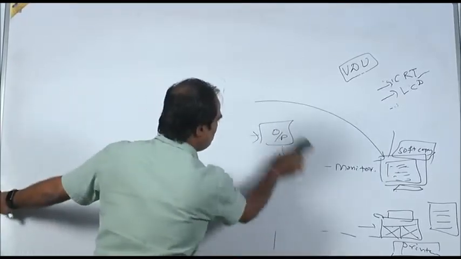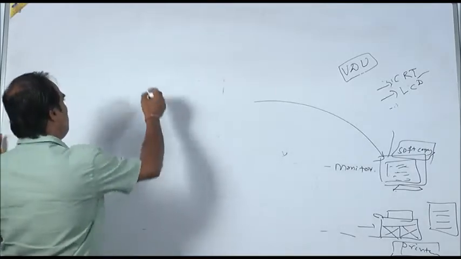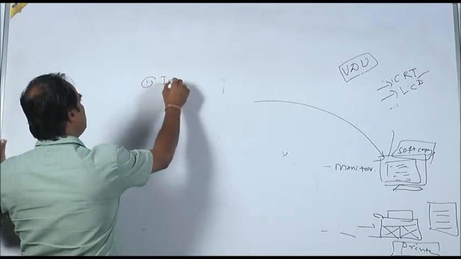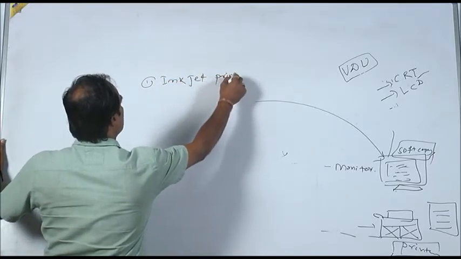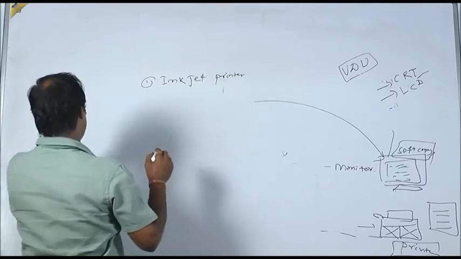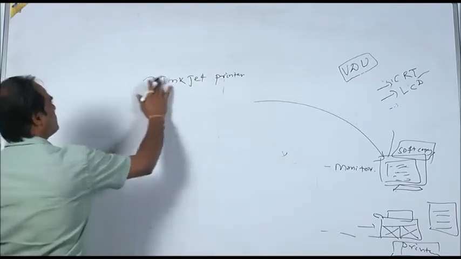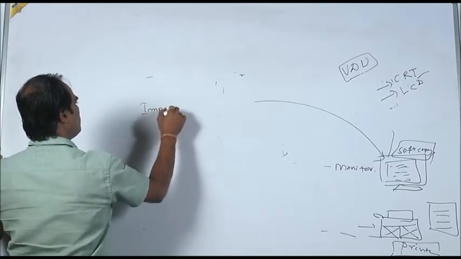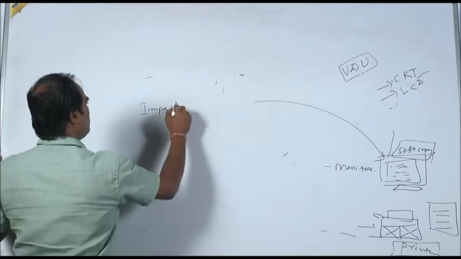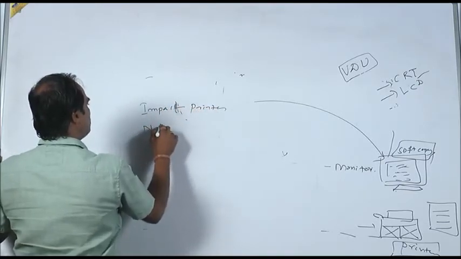So, what are the different types of printers? One is the inkjet printer, or we can say printers are basically divided into two types, that is impact printer and non-impact printer.